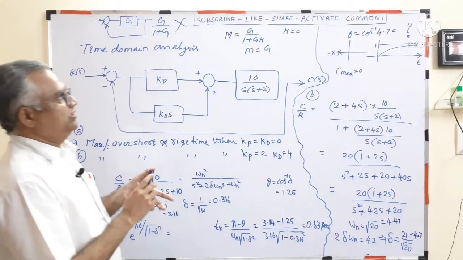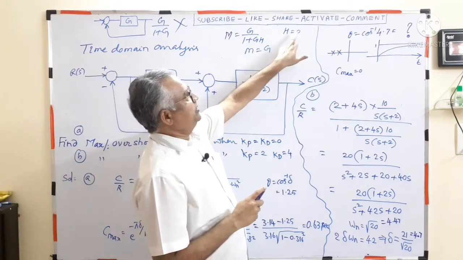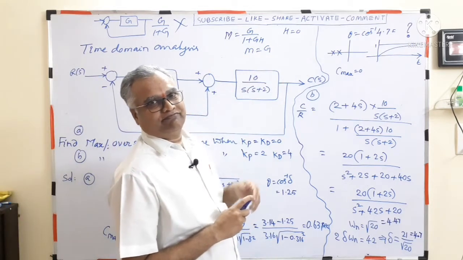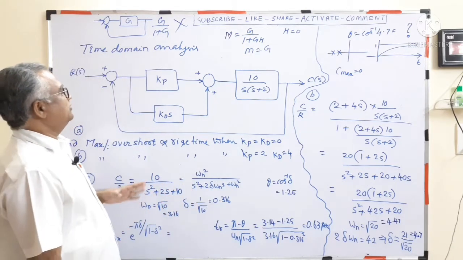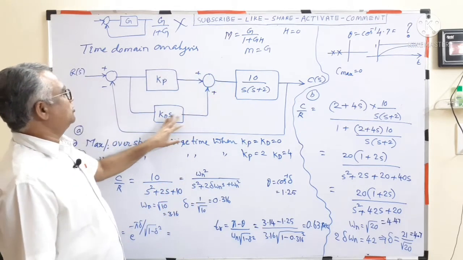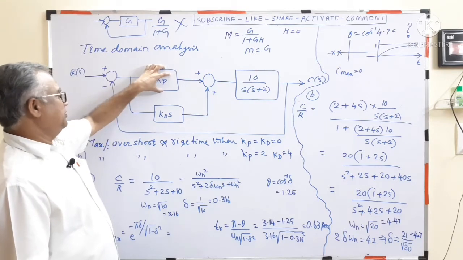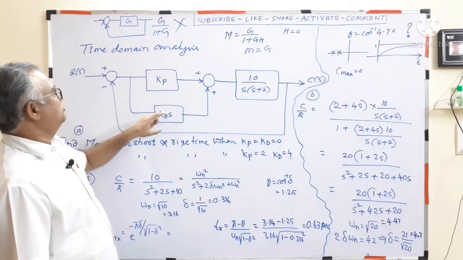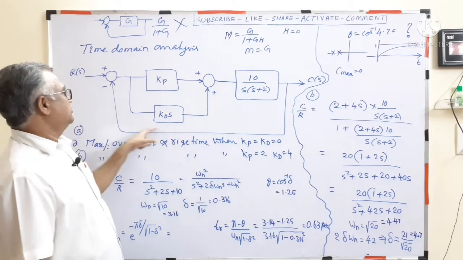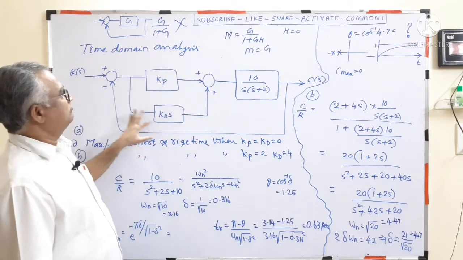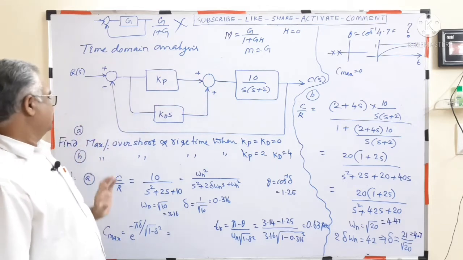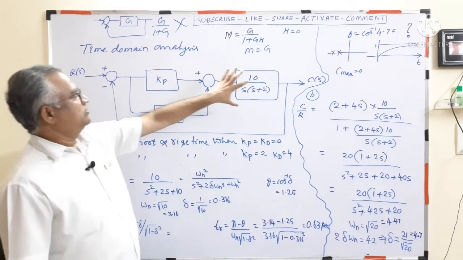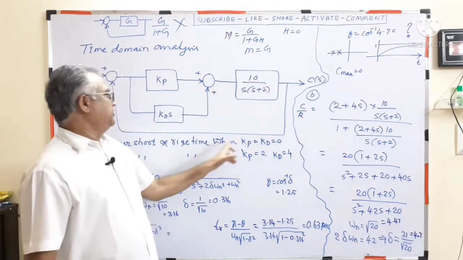H0 in S domain means open. Basically this block is not there. Kp0, Kd0 means they are not there. So simply only this feedback is there.